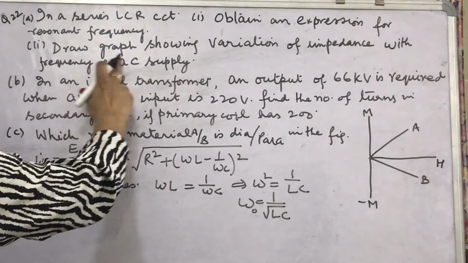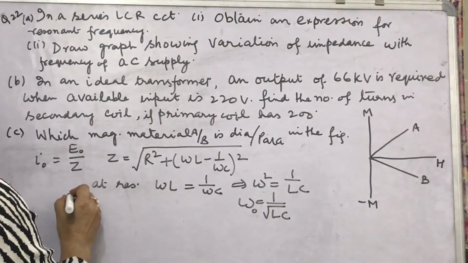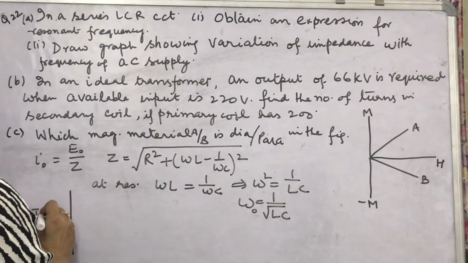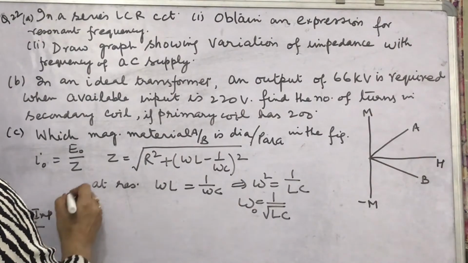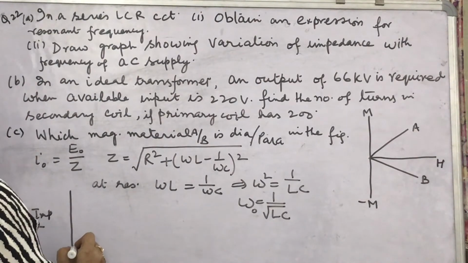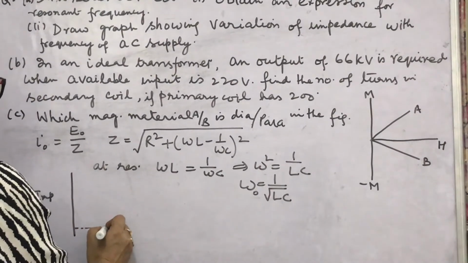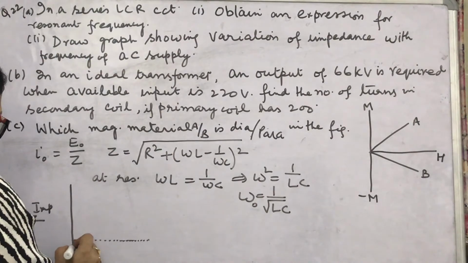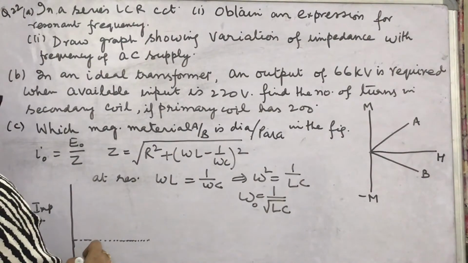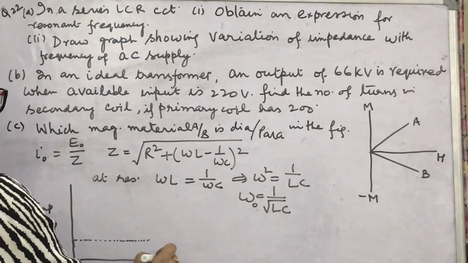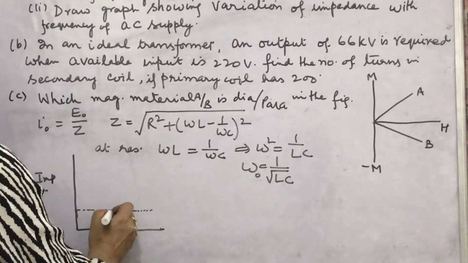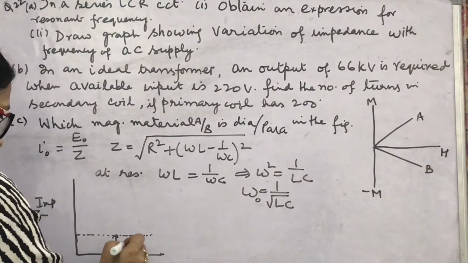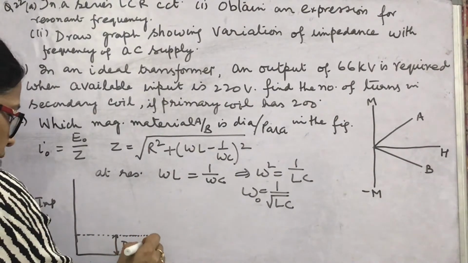Second part, draw the graph. How will you plot the graph? You know, at the resonance, if you take the impedance Z here on the y-axis, then you show this dotted line here for the minimum, and this is the x-axis.